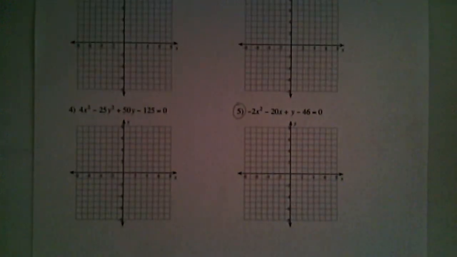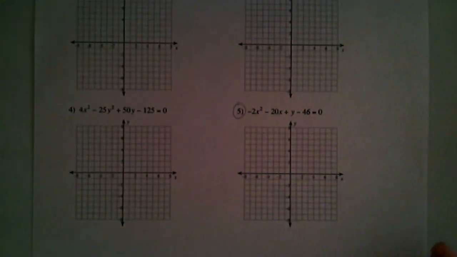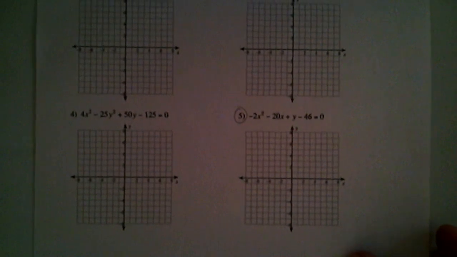There's your graphs. And there's just 10 graphs to do on this one. And as I said, I'll go over the parabolas in the next video. So, but make sure you can do those. Okay, so stop the video. Let's go to number 6.